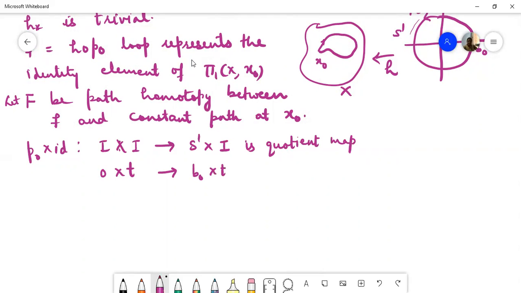And also it maps 1 cross t to B naught cross t for each t in I. And otherwise it is injective, except for these two subsets 0 cross t and 1 cross t.